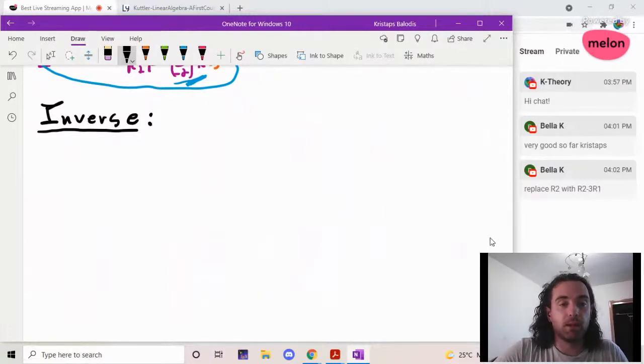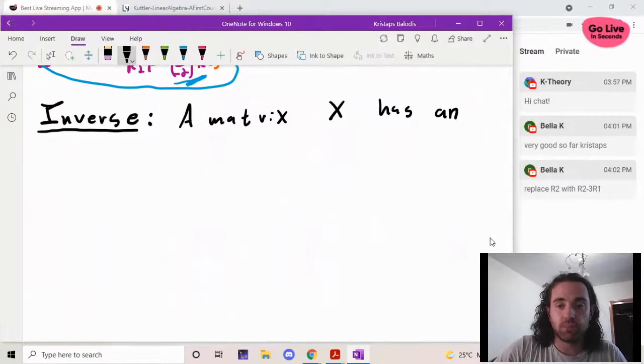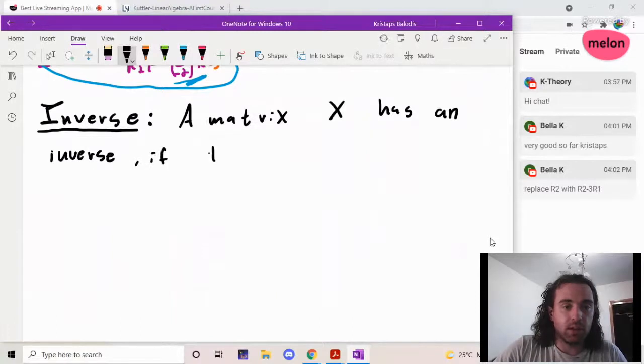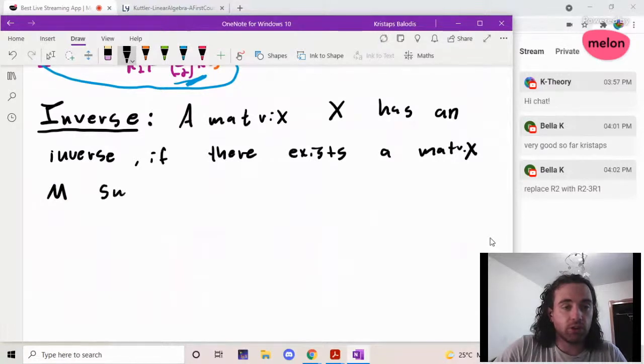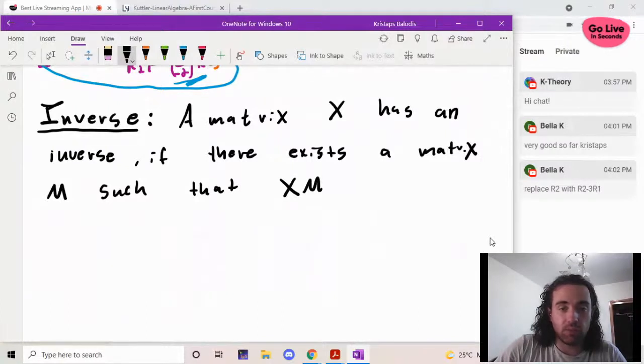So a matrix, say big X, has an inverse if there exists a matrix, let's call it capital M, just because I need some letter, such that X times M is equal to the identity matrix.